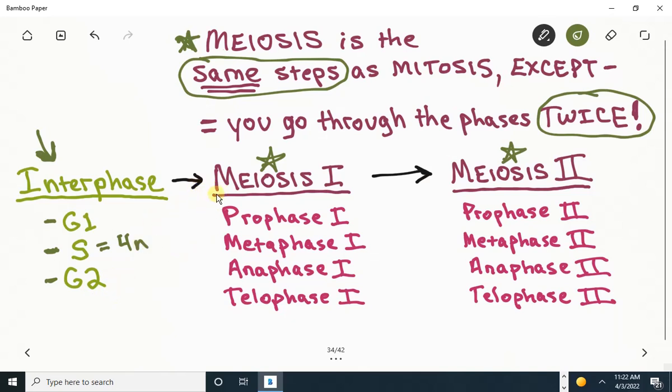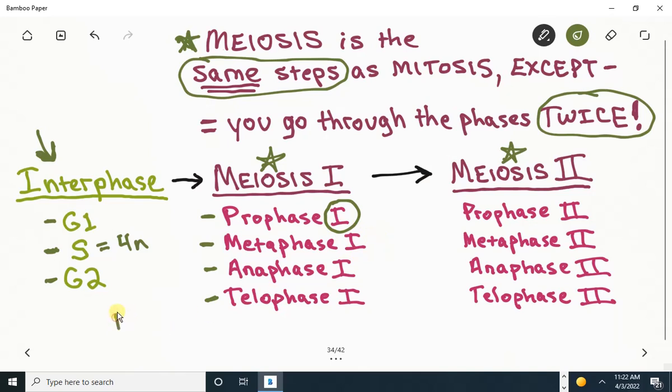And then we're going to go over to meiosis 1, and that's where you go through prophase 1, metaphase 1, anaphase 1, and telophase 1. And be sure when you're taking the test and doing your assignments, if you're talking about meiosis, not mitosis, you have to put what number it is at the end of each phase.